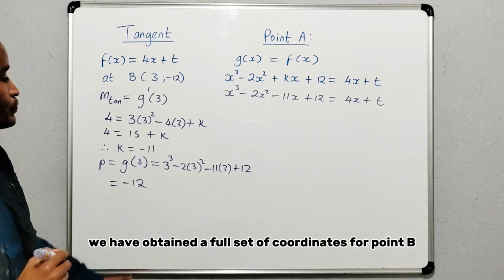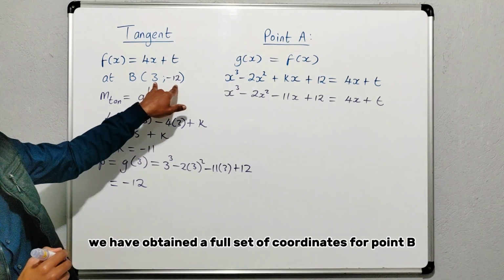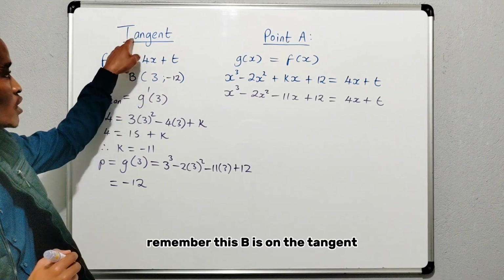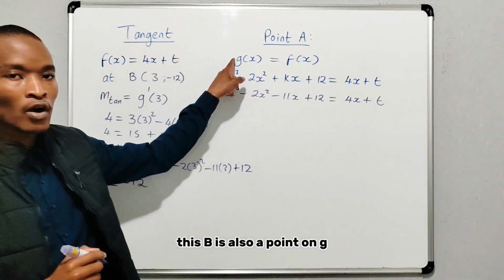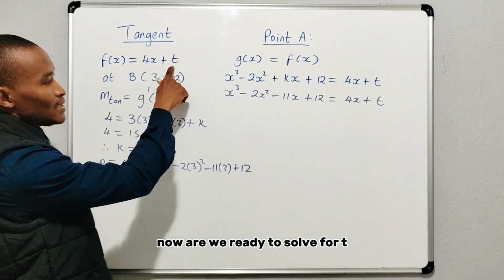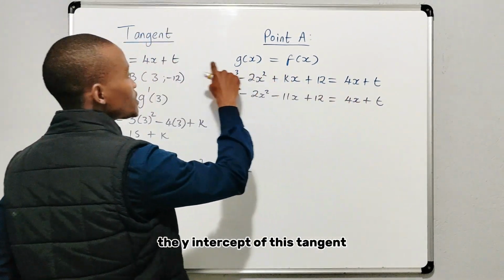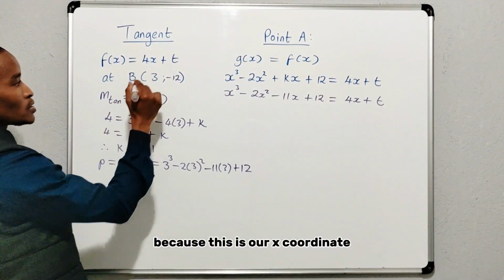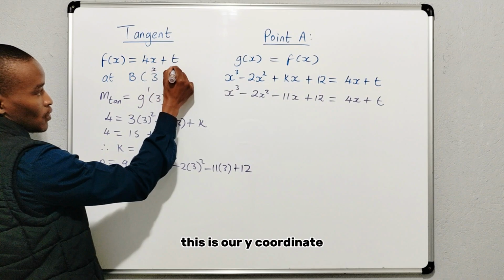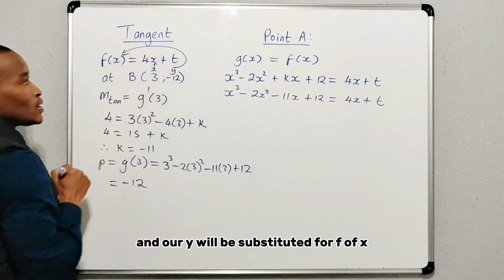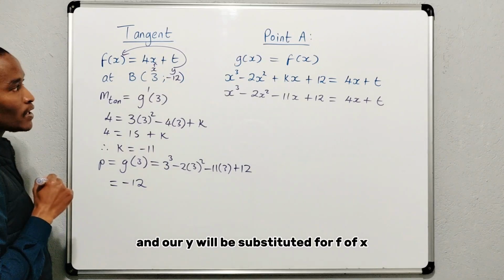So we have obtained a full set of coordinates for point B. Remember, this B is on the tangent, this B is also a point on g. So now, are we ready to solve for t, the y-intercept of this tangent? Yes. So we can proceed to say, because this is our x coordinate, this is our y coordinate, our x will go there, and our y will be substituted for f of x.